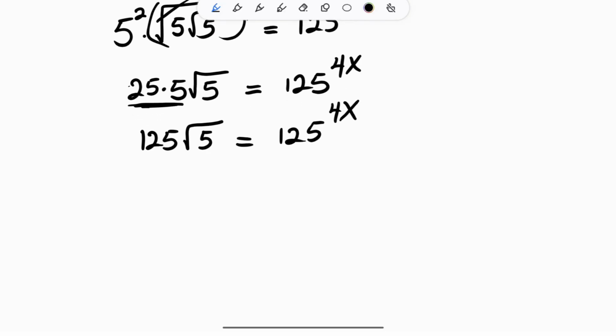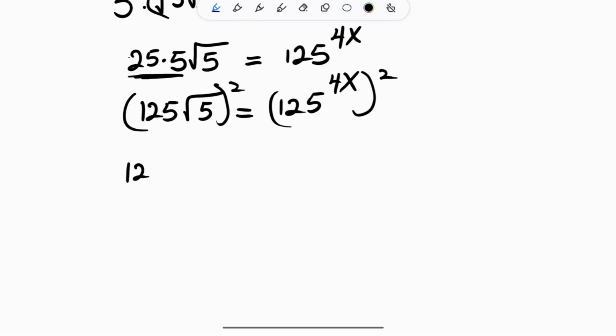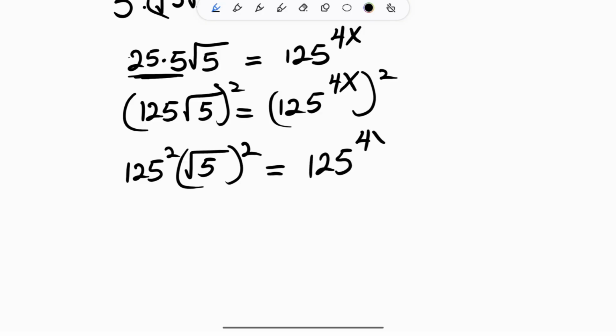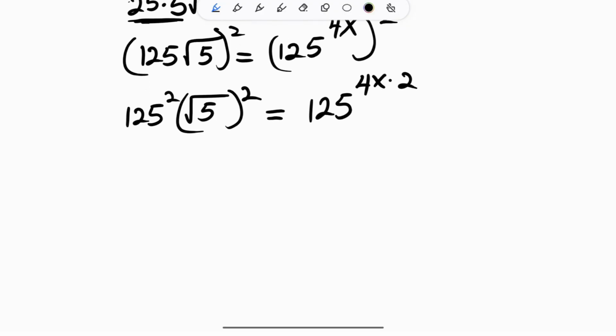If we square both sides again, we have 125 squared times root of 5, squared, equals 125 raised to the power 4x times 2.